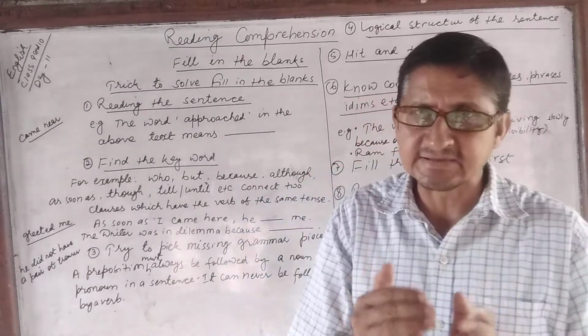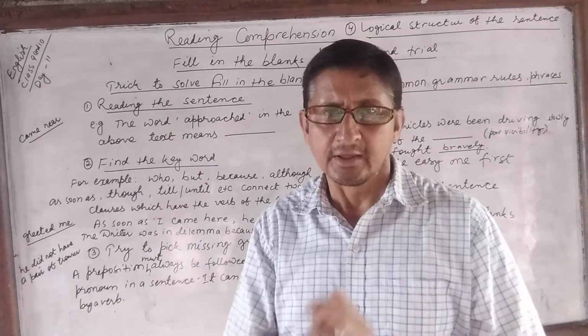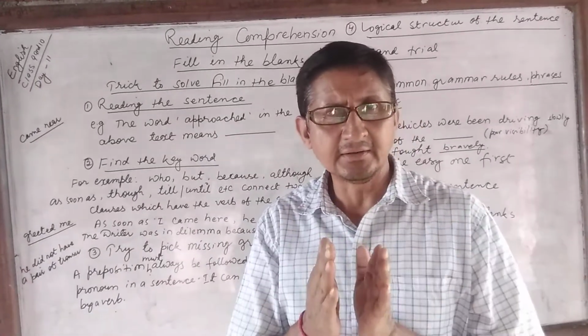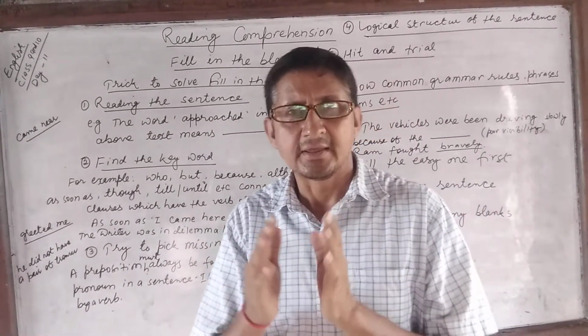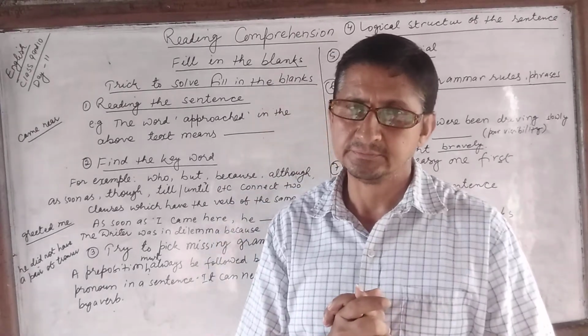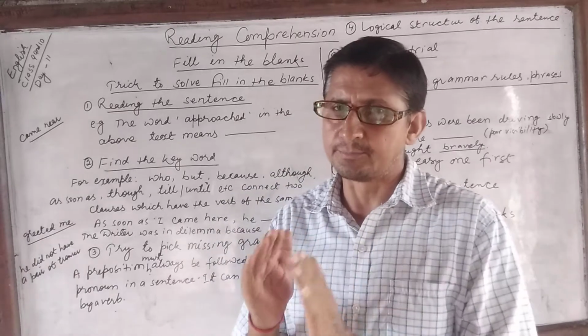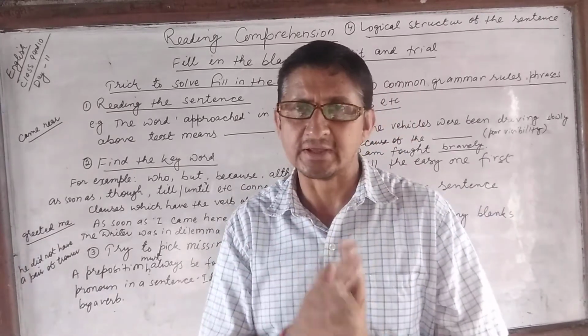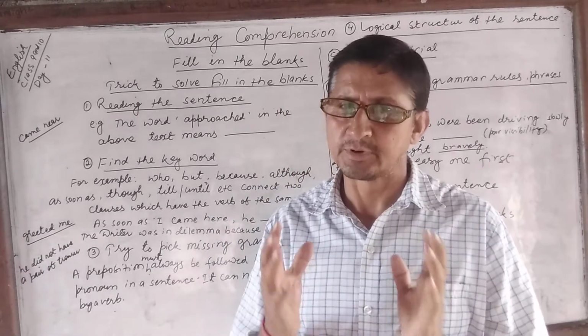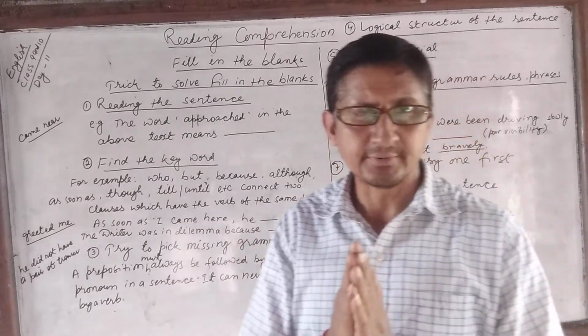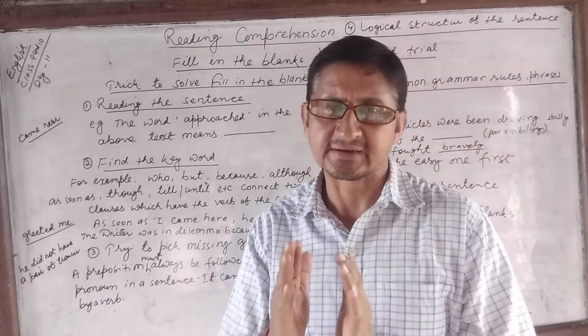If the article 'an' is used before the blank, then your answer must start with a vowel. If the blank refers to a verb, then choose an adverb. Adverbs are the words that describe action words, that describe verbs.